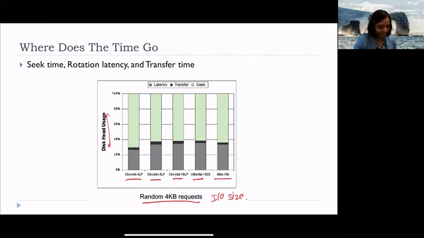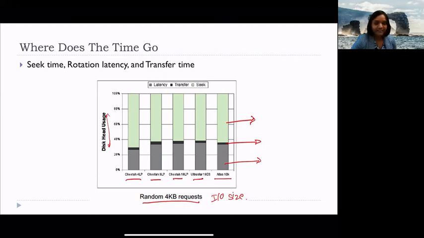The transfer time is proportionally very small compared to the time that we spend rotating the disks, as well as the time that we spend seeking. This black portion for each of these disks, while we run a 4 KB IO size, is very small compared to the light green portion and the grayed out portion. So this gives you some idea of how to compare these different latencies.